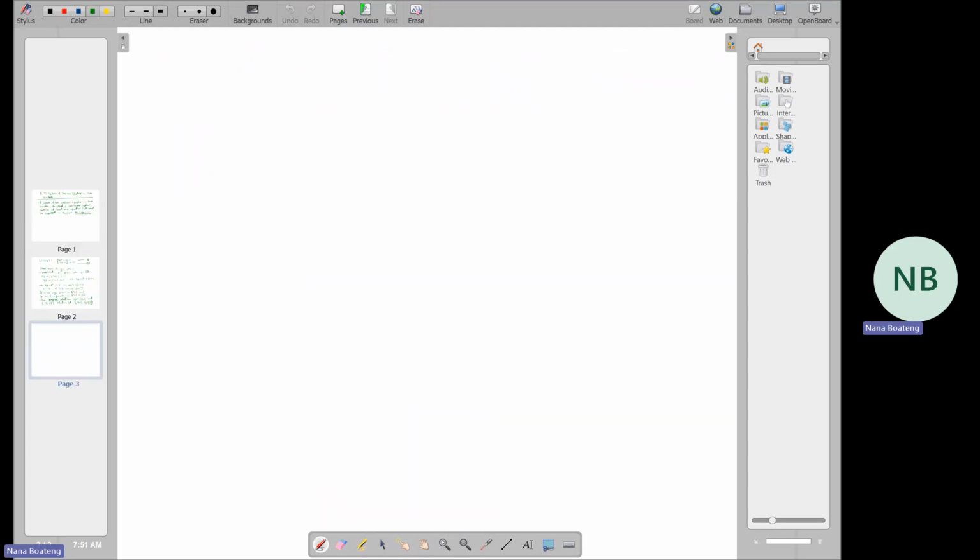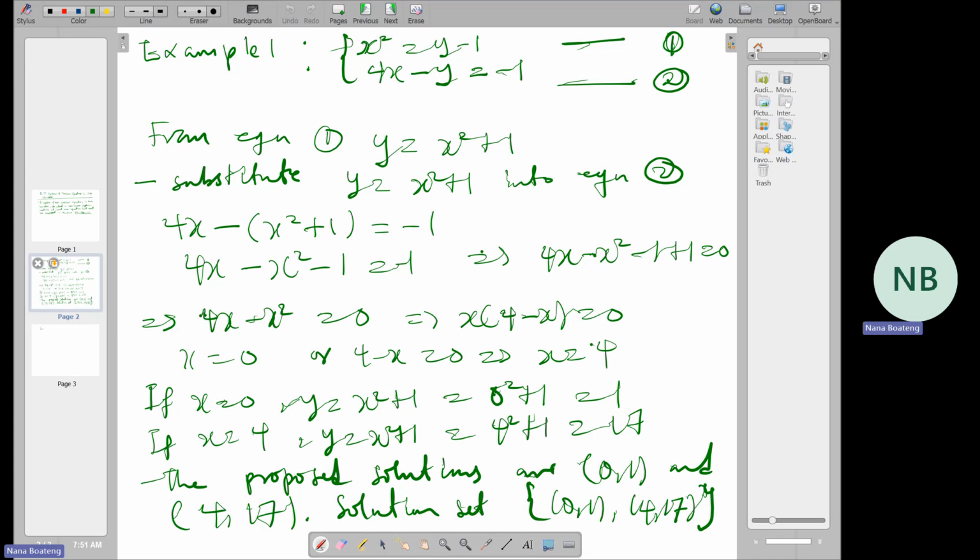Let's look at solving systems by the addition method. What I should have mentioned in example 1 is that we solved the nonlinear system by the substitution method.